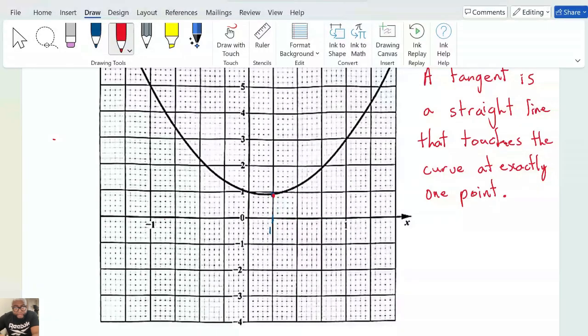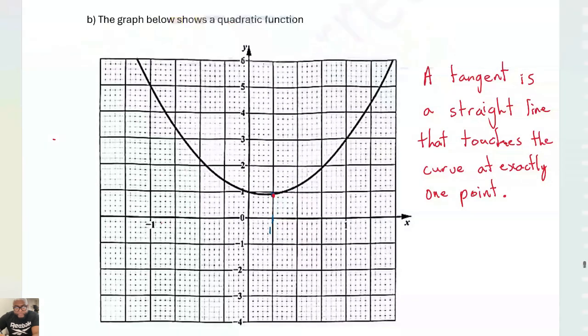So I'll draw it in red. Let me draw the line first and I'll just move it, right? All right, so the thing about this tangent, we could structure the question to actually touch the curve. Let me go up a little more.